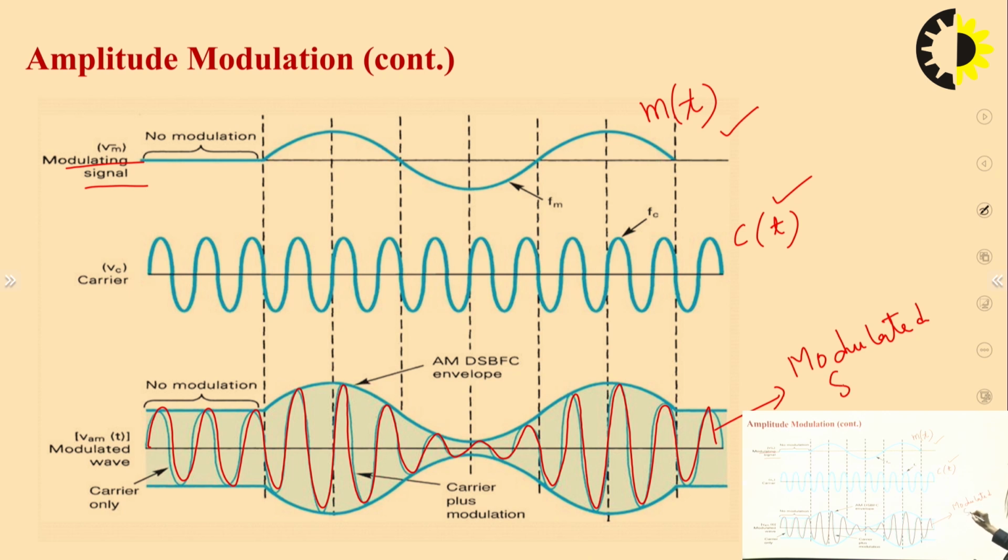Now this signal has very high frequency, approximately equal to, greater than, or somewhat less than the carrier signal, but it follows the envelope of the modulating signal. So this resultant wave is called the modulated wave. This is the carrier signal and this is the message signal. So now I hope the graph is clear.